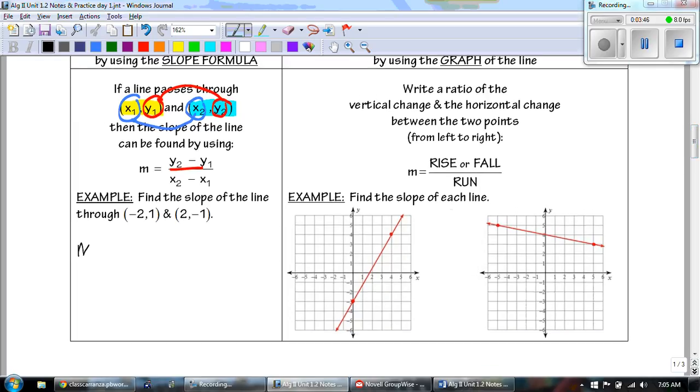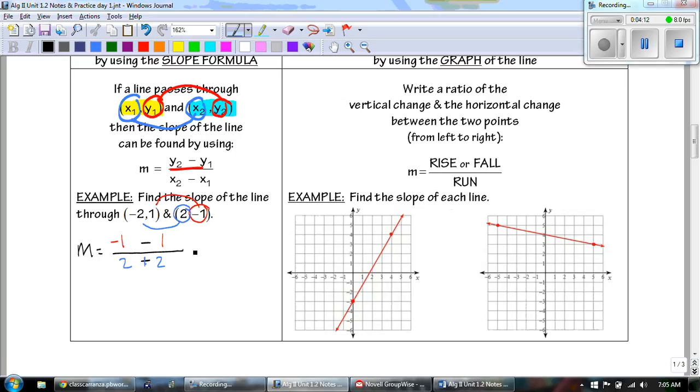I always start with m equals, because that's my slope, and I need to subtract. Now, I subtract the y's on the top, so I start with -1, -1, and on the bottom, I have 2, and since I have -2, that would change to a positive. Okay?